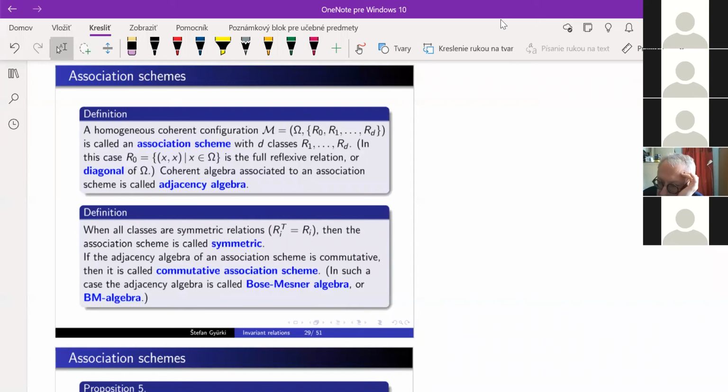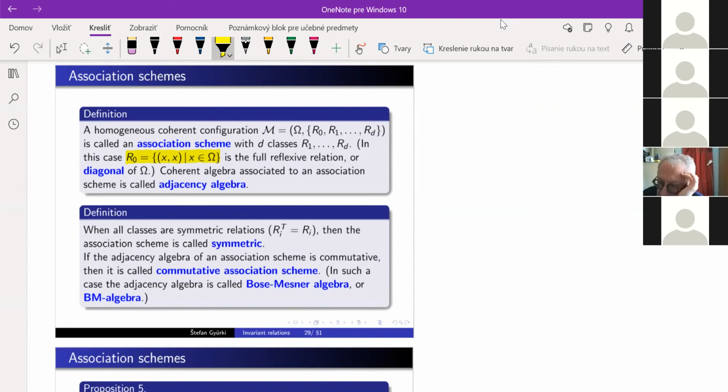We have already seen coherent configurations, and the association scheme is a homogeneous coherent configuration. This means that the full diagonal relation is contained in the collection of relations as one relation.